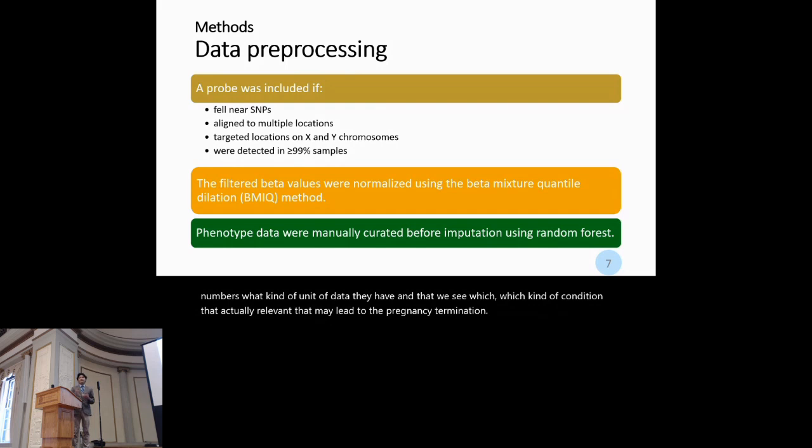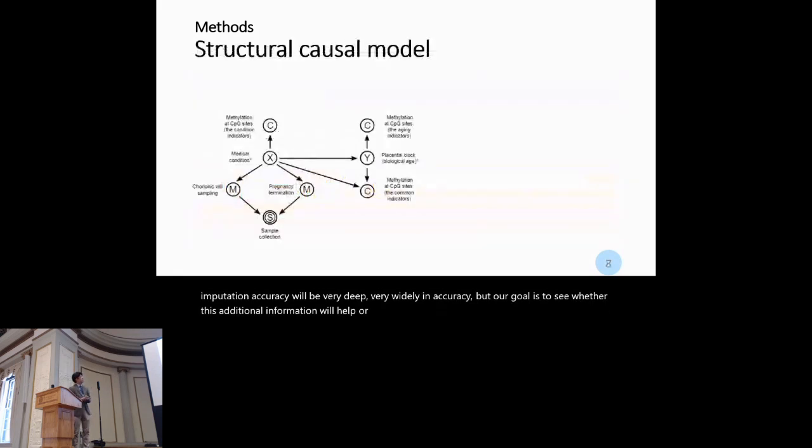To solve the availability problem, we used a simple imputation method. Of course, the imputation accuracy will vary widely, but our goal is to see whether this additional information will help increase the precision.